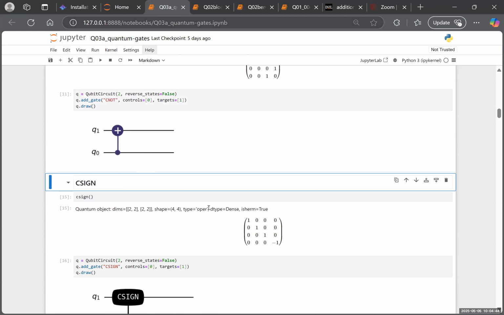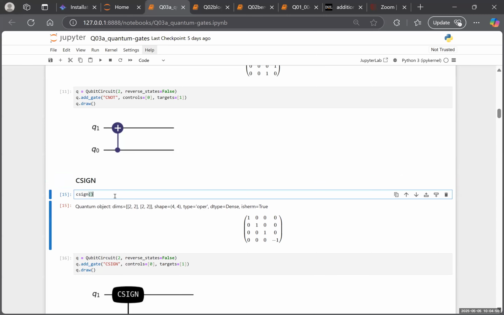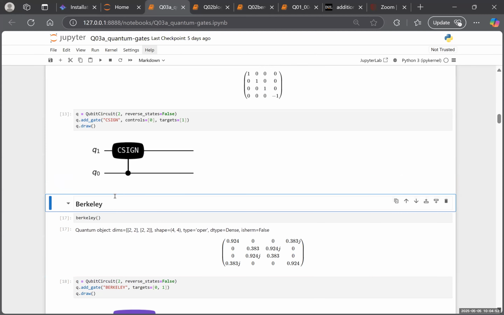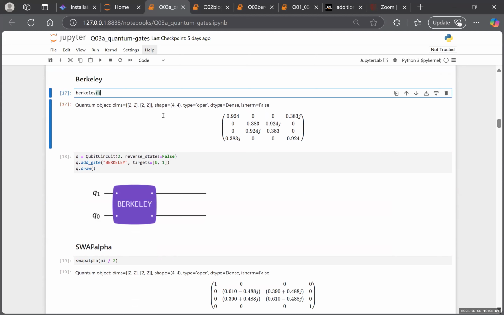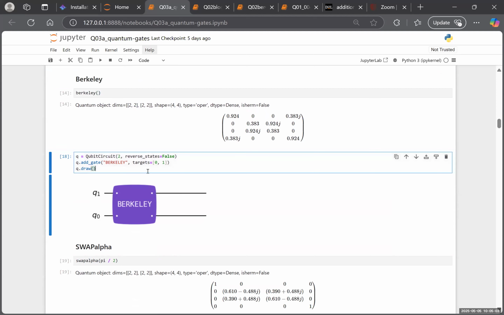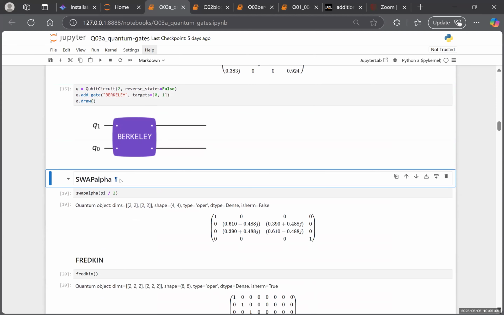Control sign, this is actually the control phase gate or CZ gate that we usually talk about. So this is the Berkeley gate. I don't know, maybe invented by folks at Berkeley. Swap alpha. This is swap-like, but you still have some phase.